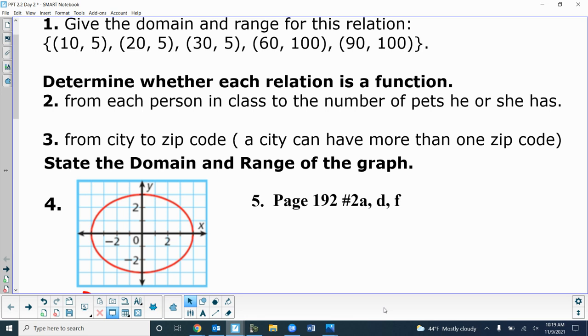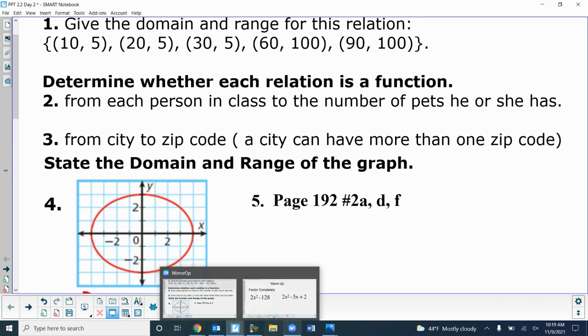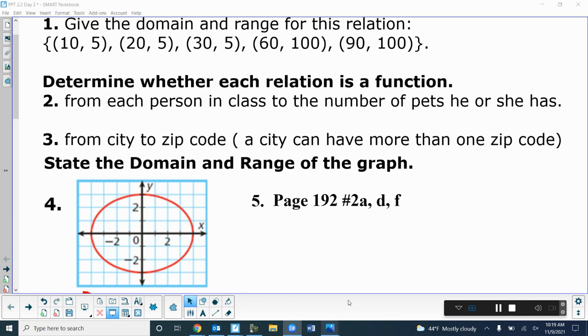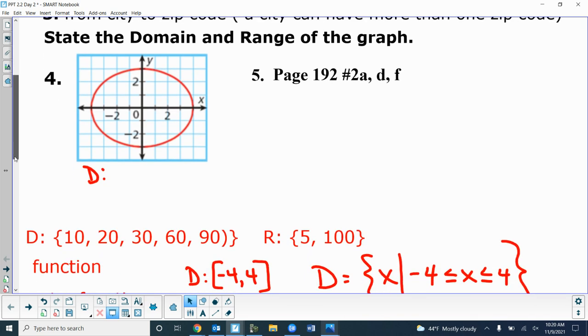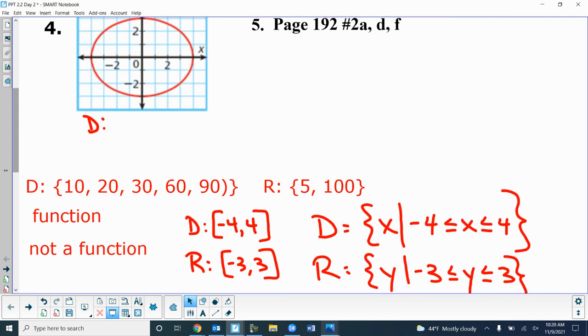I have it written in set builder notation, or you could do it in interval form too. Usually, to make it quick, we've been doing interval form, -4 to 4.